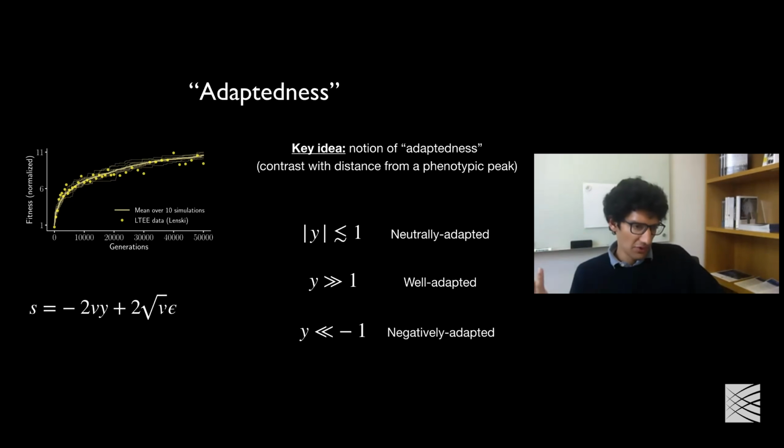But as evolution proceeds, it gets harder and harder to find beneficial mutations. So the distribution of fitness effects, as Michael was showing, does have some shape, but as evolution proceeds, this distribution shifts towards the negative side, right? But it in fact shifts in very stereotypical ways, at least in this specific model that we're considering.